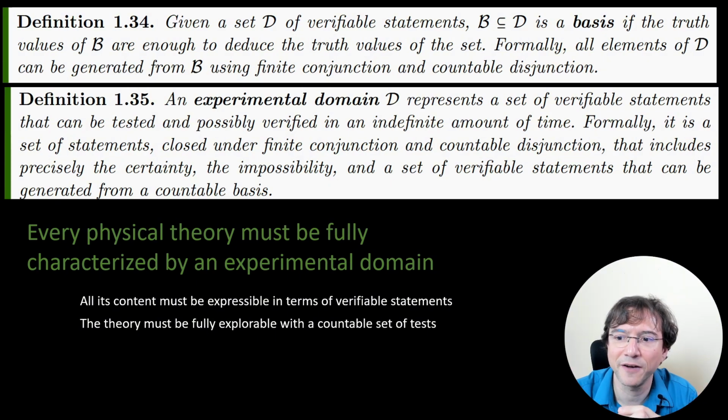All the contents of the physical theory must be expressible in terms of verifiable statements, and a theory must be fully explorable with a countable set of statements and tests, because otherwise it's not connected to experimental evidence. There is too much. We're never going to be able to say anything about the full theory.